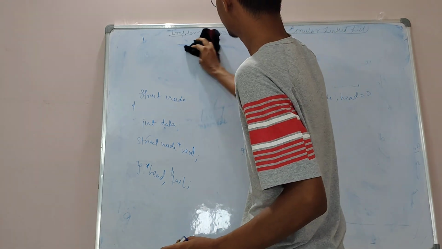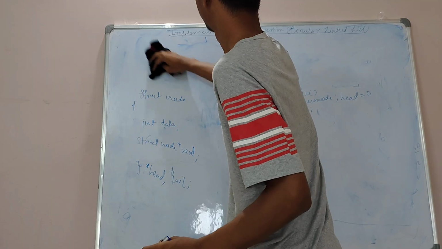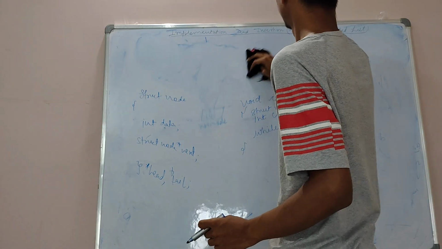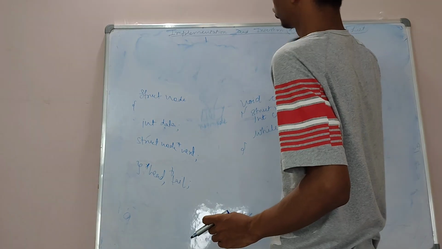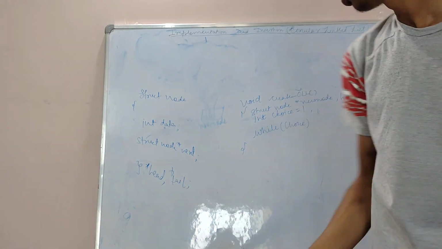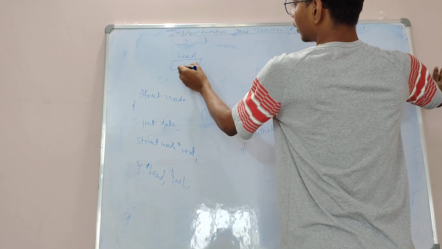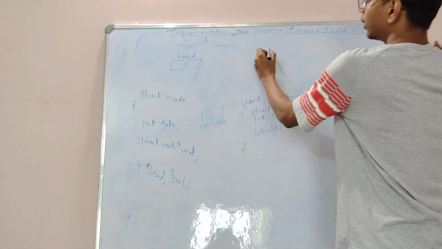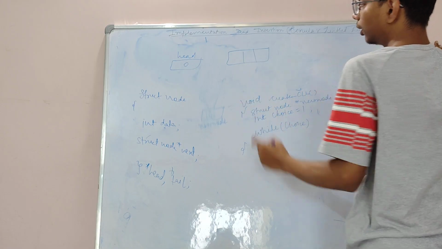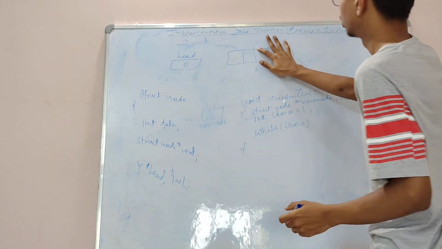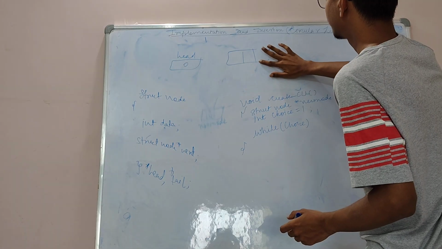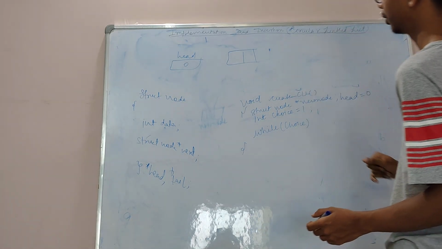This also I am erasing, right? So first I have a pointer head which contains 0, and I have my data type, this is my data type, right?